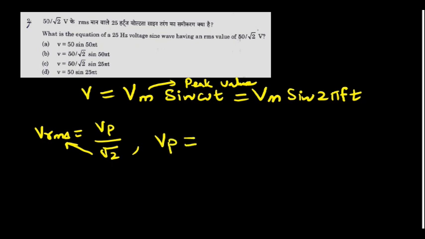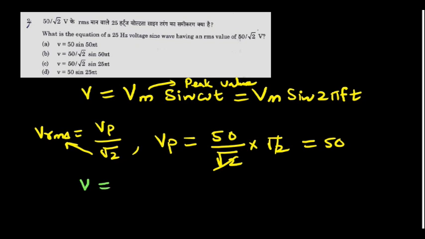What is the V peak we need? The V RMS value is 50 upon root 2, multiplied by root 2. Root 2 cancels, and you get 50. Now you can write the equation easily because the frequency is given.